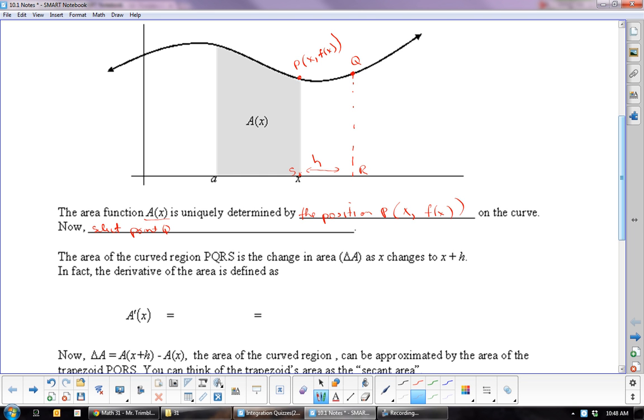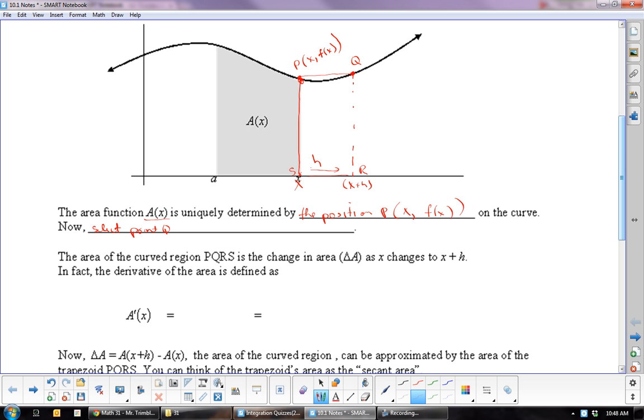Okay, so now you can sort of see our trapezoid. Now, if that's point x on the bottom, and that's h away, this would be x plus h. Okay, this is x.